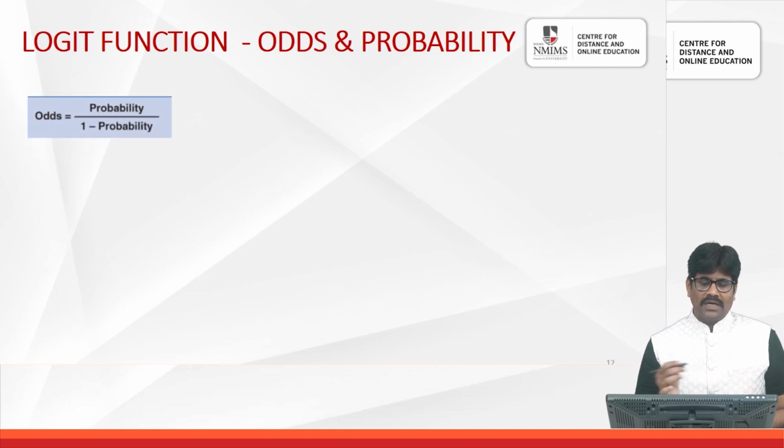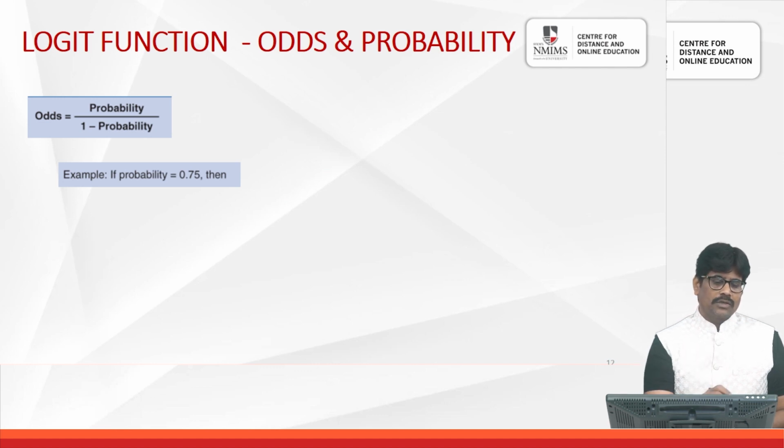Before moving on, let us spend some time understanding what odds are, what probability is, and how these two are related. We keep on hearing about this. Let us take an example to understand how to calculate odds. Odds is nothing but probability divided by 1 minus probability. For example, if the probability value given is 0.75, how do I get the odds value?